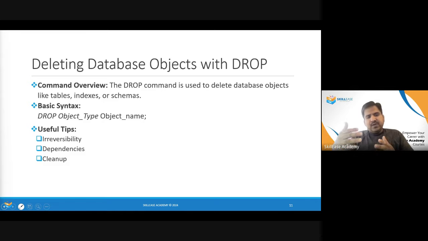So it will automatically impact the dependency when you drop the table or any object. Third, cleanup. Dropping a table or other object can be a useful way to clean up objects which are really not in use.